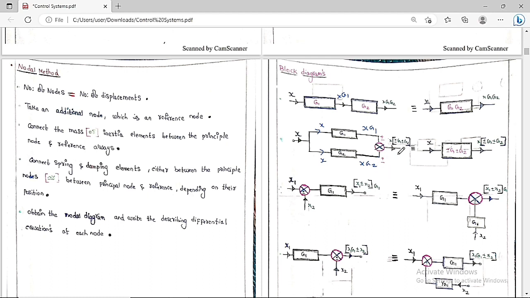Therefore we can say, whenever two blocks are connected in parallel, their overall gain is the summation of the individual gains. Both plus means plus G1 plus G2. Plus minus means G1 minus G2. Minus plus means minus G1 plus G2. Both minus means minus G1 minus G2. These things you always have to keep in your mind.